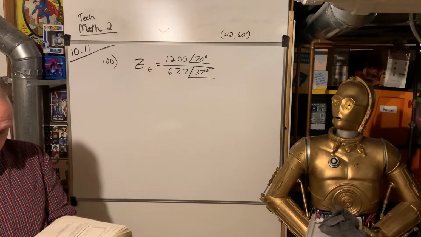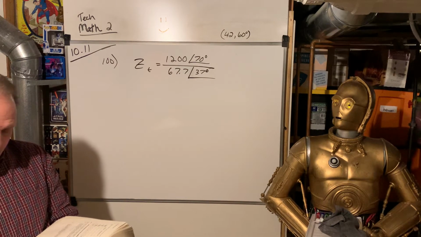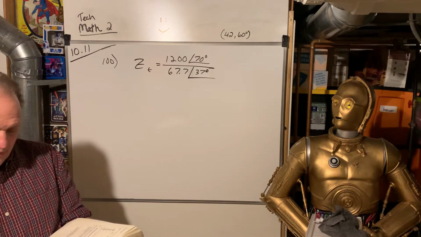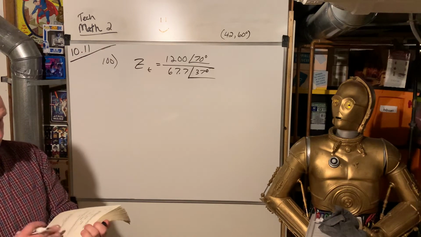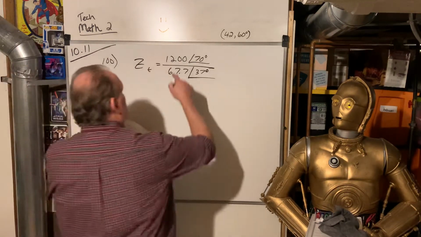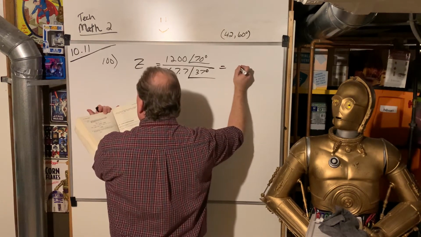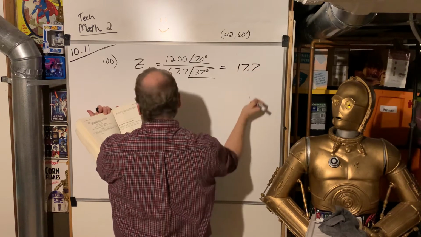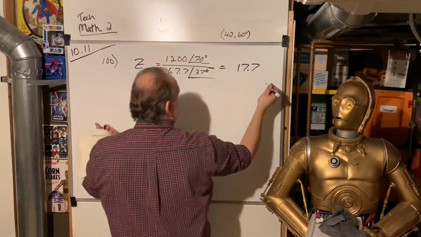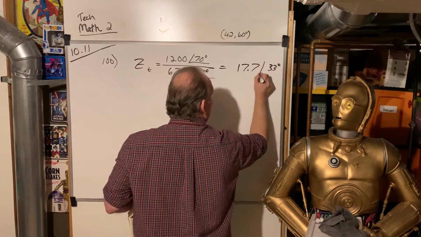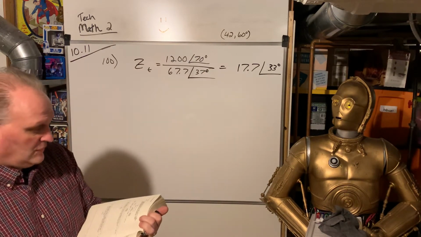It's just a formula: Z1 times Z2 over Z1 plus Z2. We simplified it a little bit, and we're just going to give them the answer. So 1200 divided by 67.7 rounded to tenths is 17.7, and 70 minus 37 is 33 degrees. And that's it. And that would be in ohms, apparently.